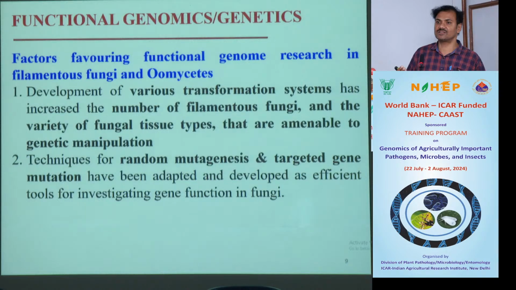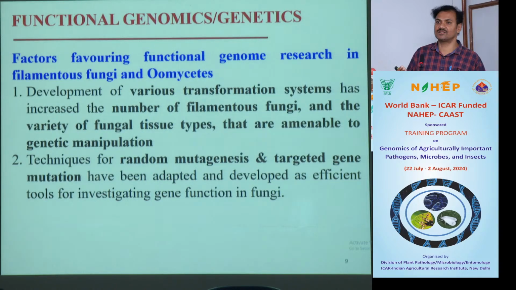Targeted means you know the gene, and for that particular gene you try to develop the mutant. But what is the advantage of functional genomics in the case of fungi? It has a better transformation system. It is easy to do transformation because every cell or tissue is amenable to it, and both random and targeted mutagenesis are very much feasible.